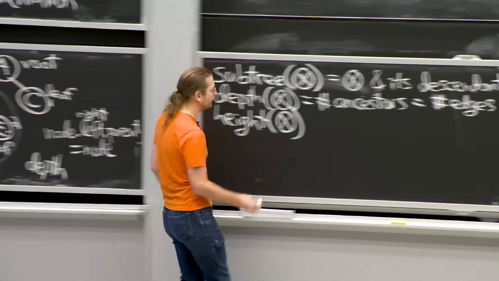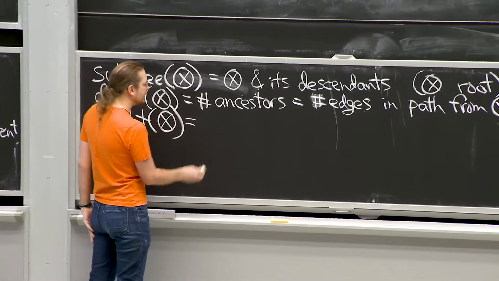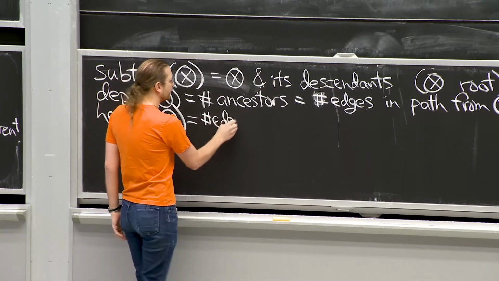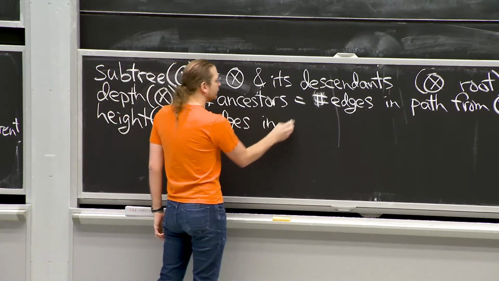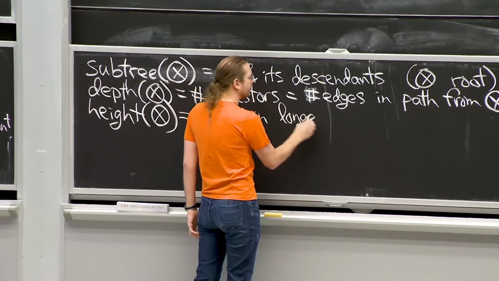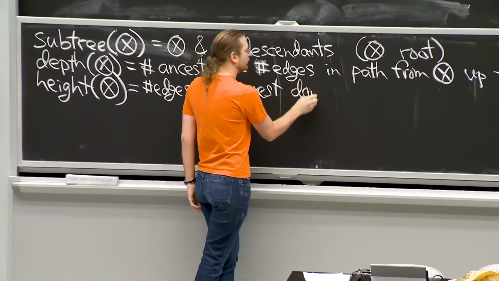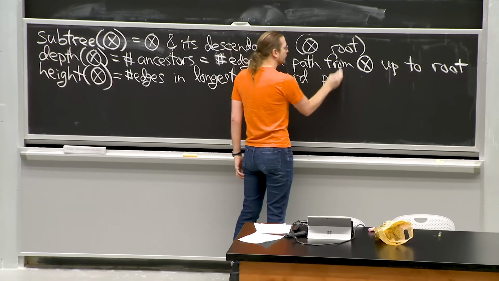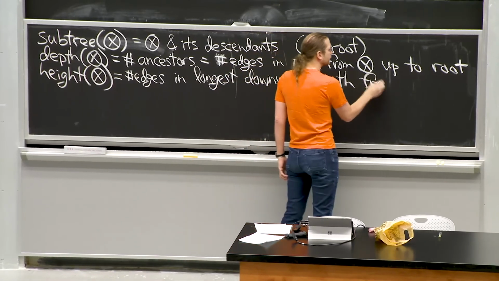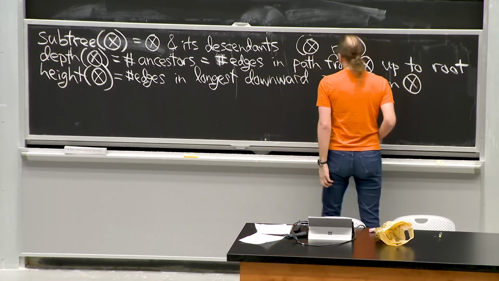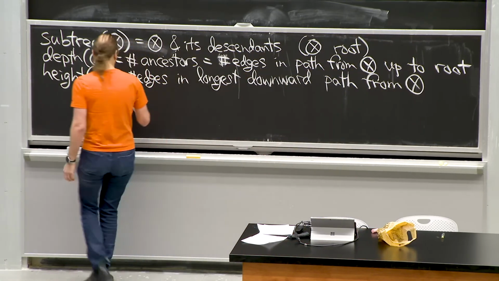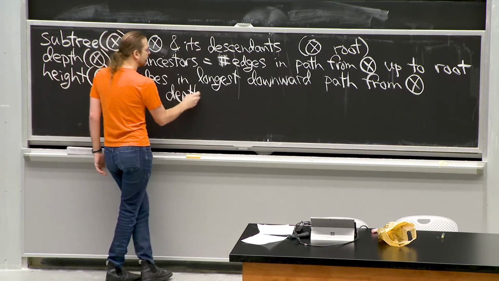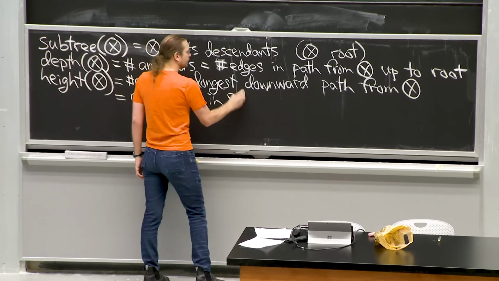So the height of a node is going to be the number of edges in the longest downward path. Okay, which is the same thing as the maximum depth of a node in X's subtree.